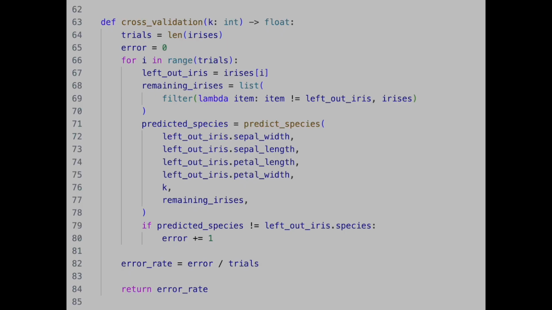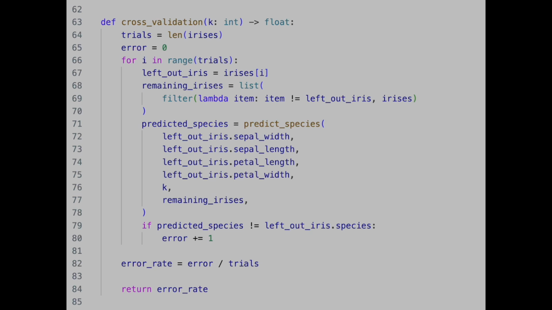A critical part of both of these approaches is evaluating how well our prediction works, and also choosing the best value of k. We do this by using a method called leave one out cross-validation. The idea is simple. Each flower in our data gets a turn to be the test case, in which one flower is removed at a time and the rest of the data is used to predict its species for classification or petal length for regression.